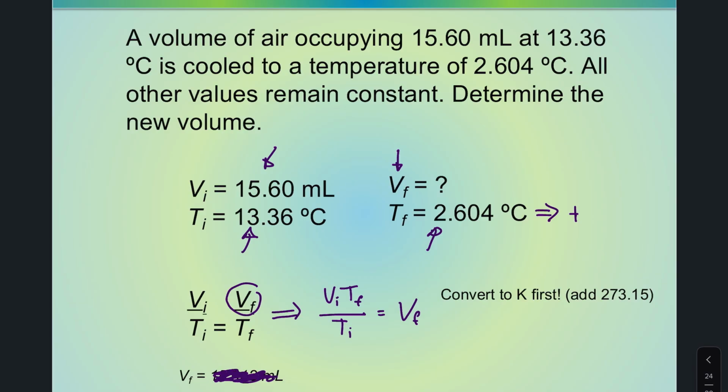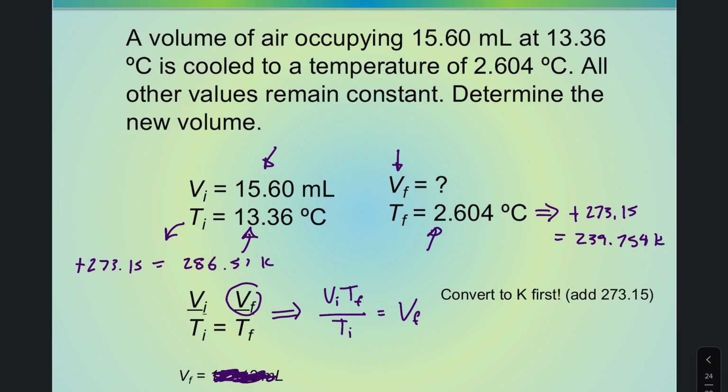So 2.604 plus 273.15 equals 275.754. And we do the same thing over here: 13.36 plus 273.15 gives us 286.51. So these are our new values in Kelvin.